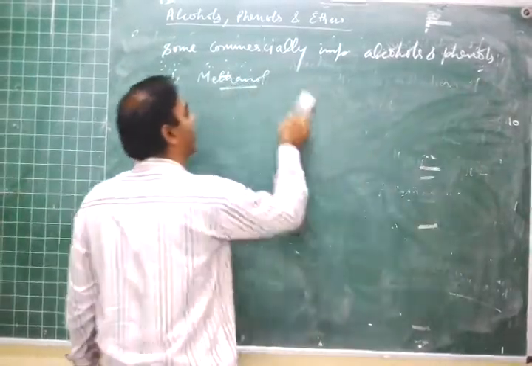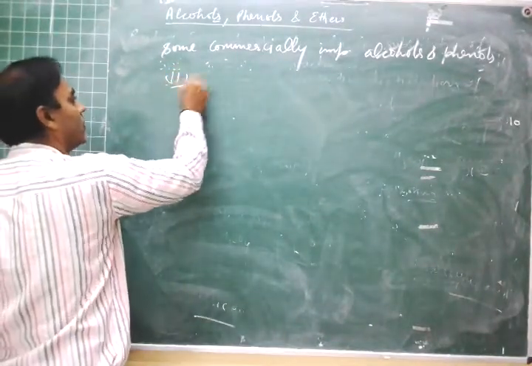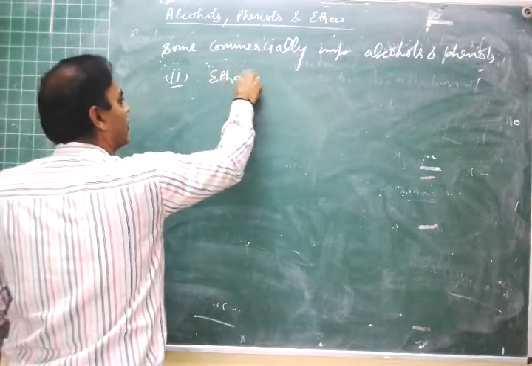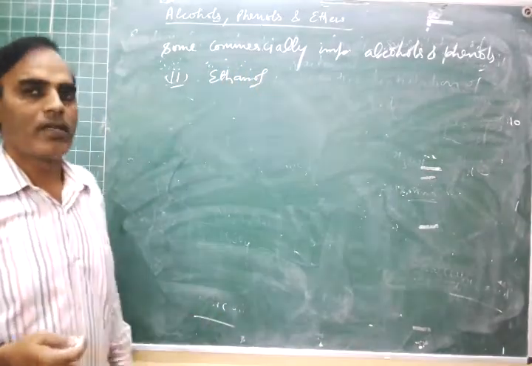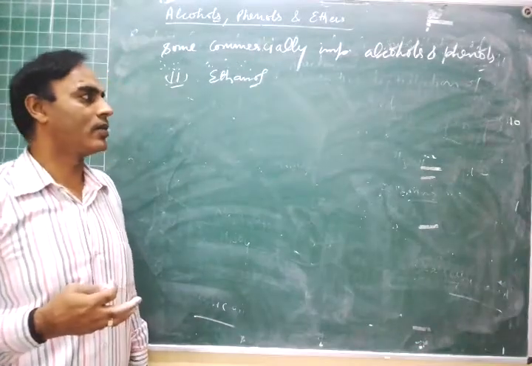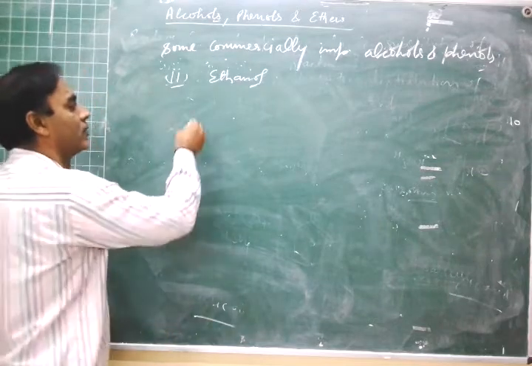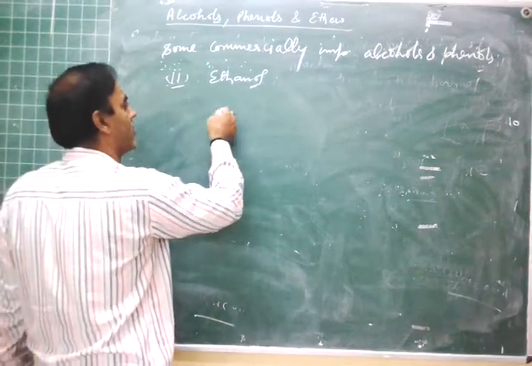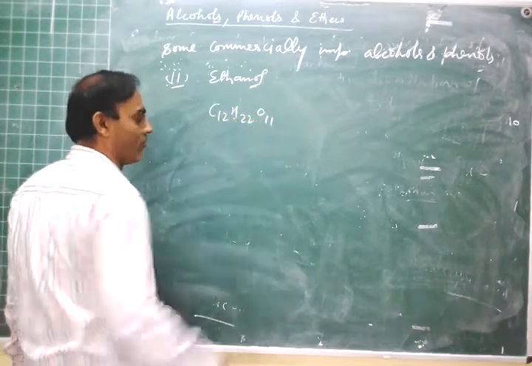Ethanol, it is obtained by fermentation process. That is fermentation of sugar, grapes, cane sugar, and other products like rice. So we will discuss it now. That sugar contains C12H22O11 molecules.